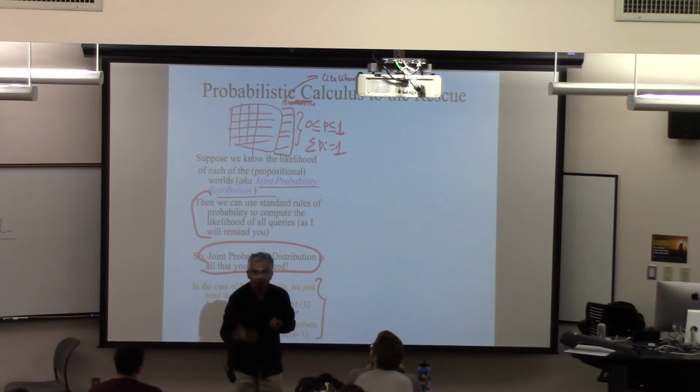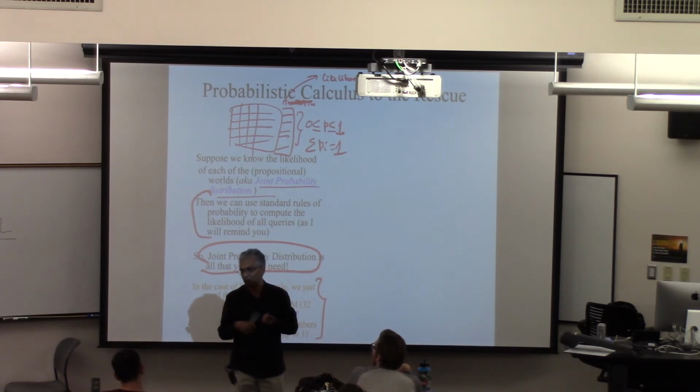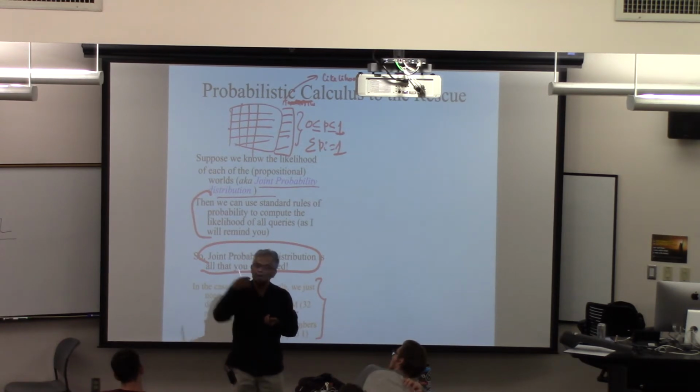You need to give numbers for each of those rows, such that those numbers add up to 1. And you're not allowed to use negative numbers. They all should be between 0 and 1. This is basically what specifying knowledge is.